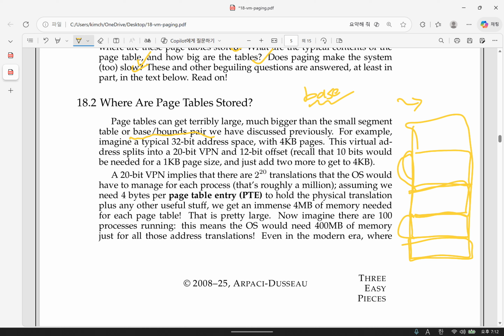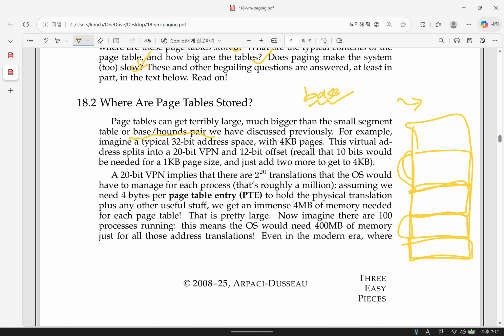Because we have the assumption that the memory size is the same for all processes. If you recall, it was chapter 15 where we did base and bounds.